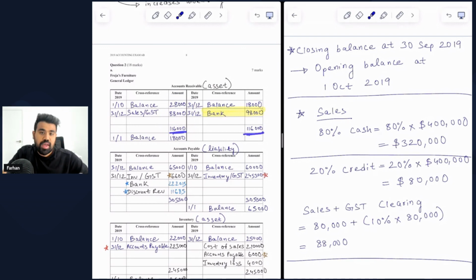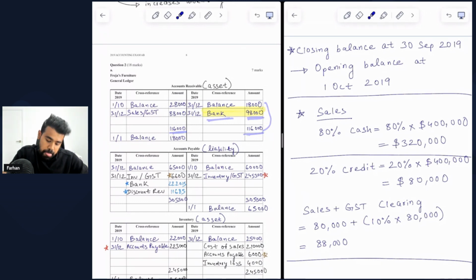So to ensure that the fundamental rules of accounting apply, when we subtract the closing balance at 31st of December of $80,000, we're left with $98,000, which refers to the cash that we have collected from our accounts receivable for the period ending 31st of December 2019.